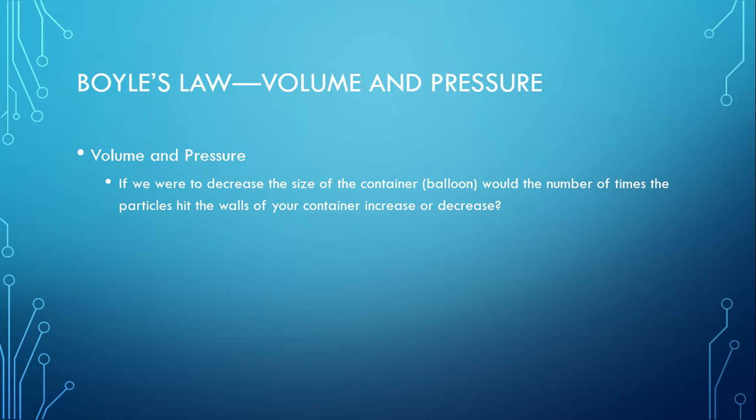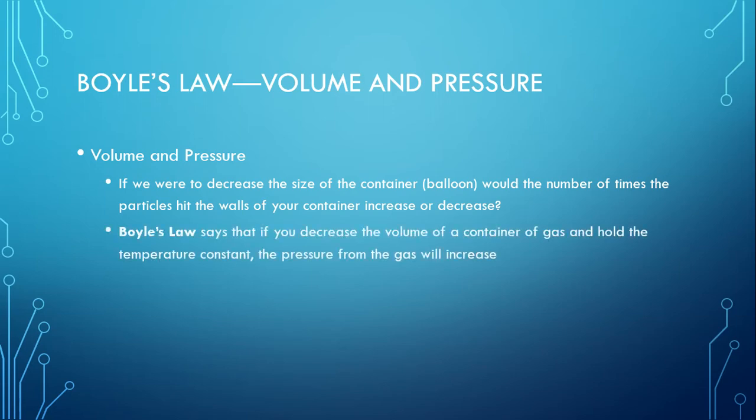And it becomes pretty clear, if I put the same amount of gas in two places, but one of those places is smaller, they're clearly going to run into the sides of that smaller container way more often. So Boyle's law says that if you decrease the volume, in other words, you make the area that you put the gas smaller, and the temperature stays the same, then the pressure of the gas will increase, and that is because the particles run into the sides more often.